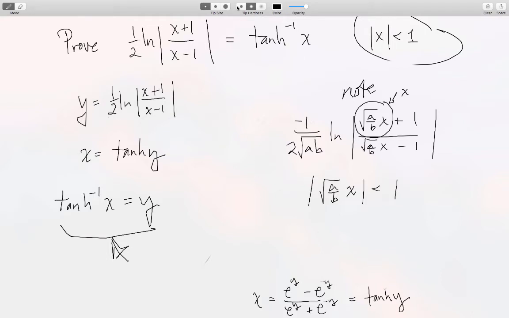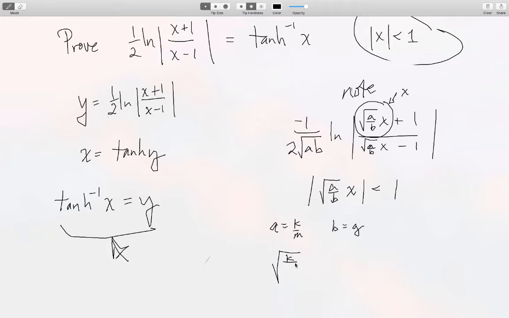But remember my a and b. A from before, what was it? k over m. And the b, that was just g. So what we really need is the square root of k over m all over g. That's an m.